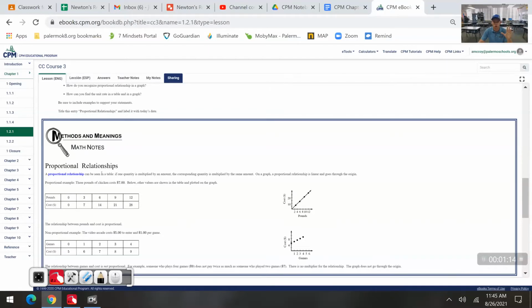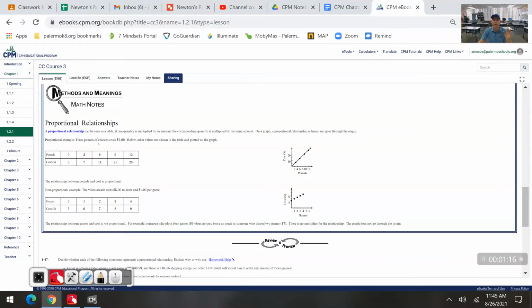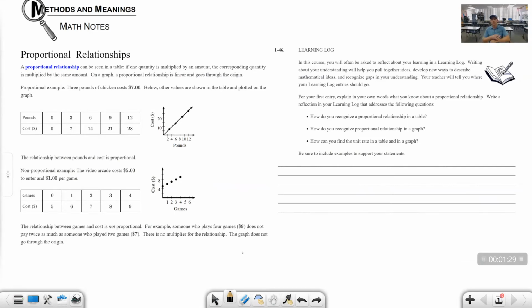All the information that you need today is right here in our ebook in the math notes box, 1.2.1, the math notes box. This is where you can find this information. So here's what you're going to do in your book. You're actually going to record this information.